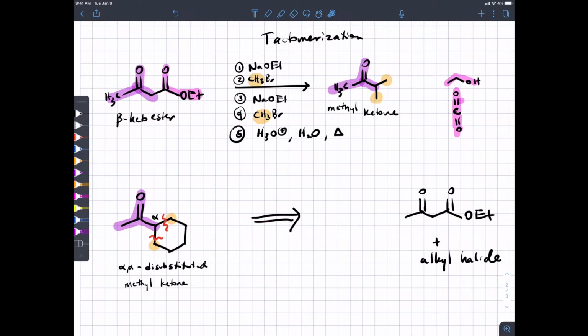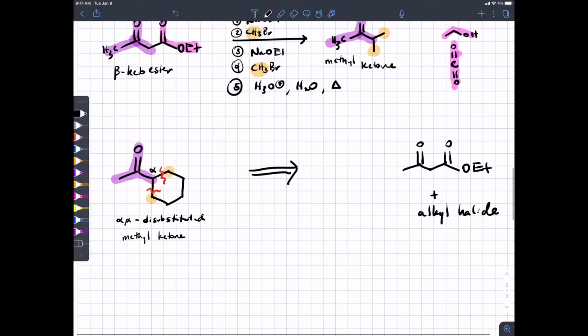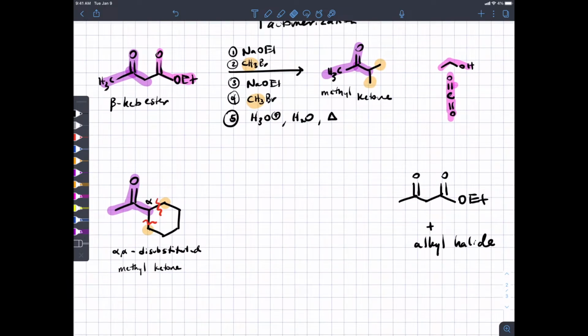Let's think backwards. If the last step of a reaction that gives you an alpha-alpha disubstituted methyl ketone is this hydrolysis of an ester, decarboxylation, and tautomerization, let's think about what it would have looked like before tautomerization, decarboxylation, and ester hydrolysis.